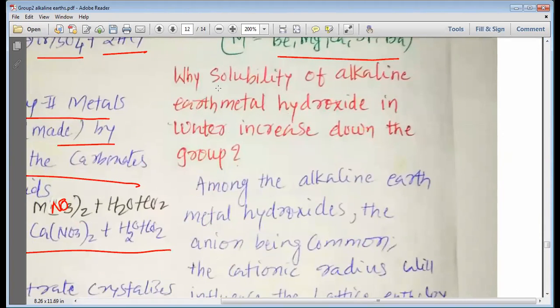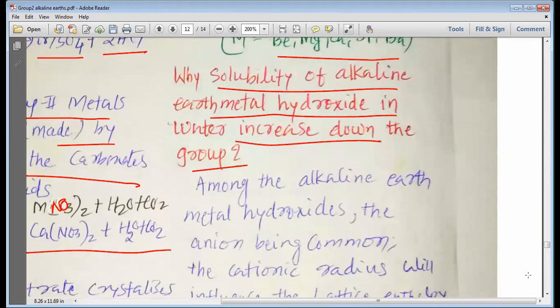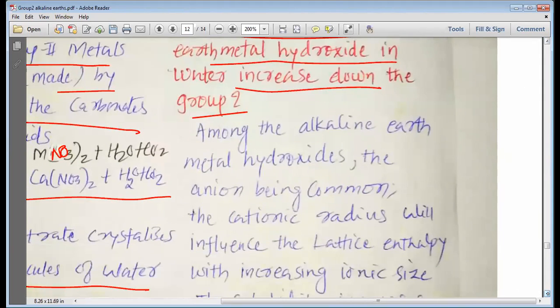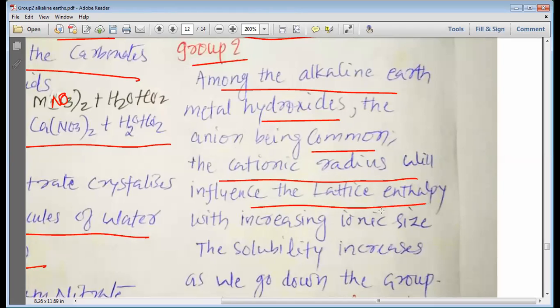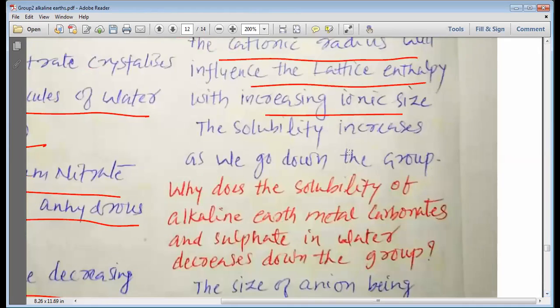Now we have a question. Why does the solubility of alkaline earth metal hydroxides in water increase down the group? The solubility of hydroxide increases down the group. Among the alkaline earth metal hydroxides, the anion being common, the cationic radius will influence the lattice enthalpy. With increasing ion size, the solubility increases as we go down the group.